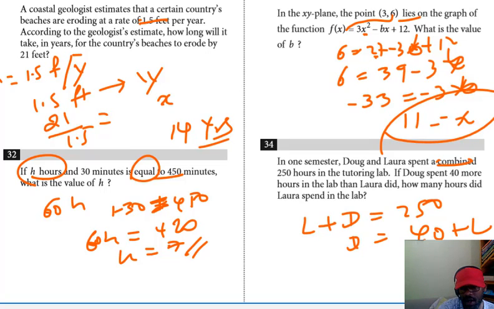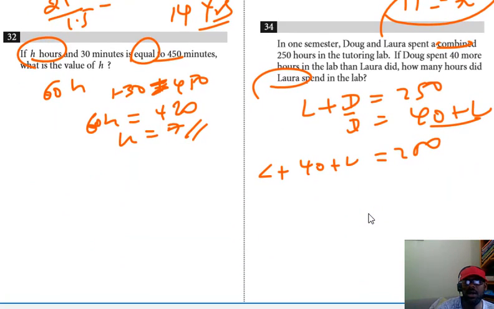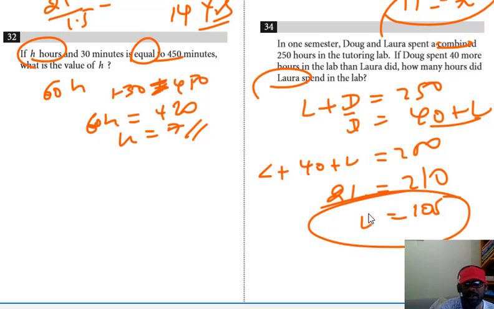We need to find L, so instead of D, substitute L plus 14. So L plus 14 plus L is equal to 215. When you work this out, subtract 14 from both sides and divide, 2L is 210, so L will be 105.